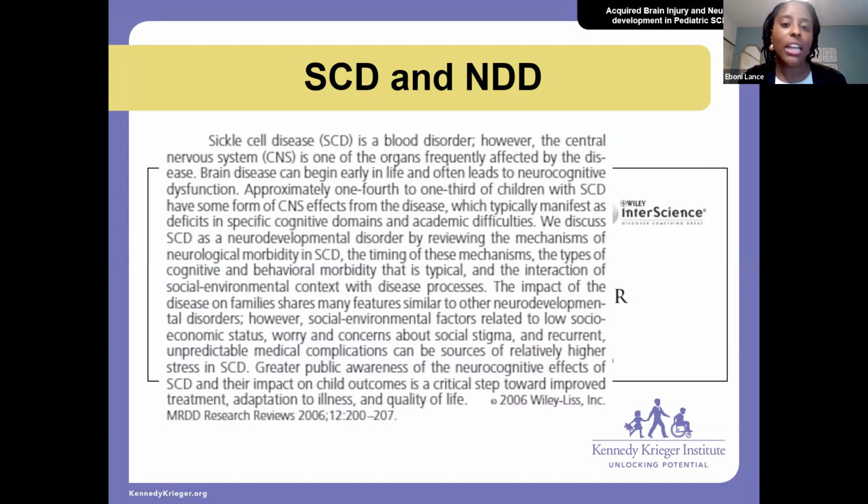They can have localizable symptoms related to that brain injury. And also, there's the social and environmental context with the disease process. And so really and truly, sickle cell disease has a lot of features in common with some of the disorders that we treat and that we study. And so it's something that's very important to know this background about.